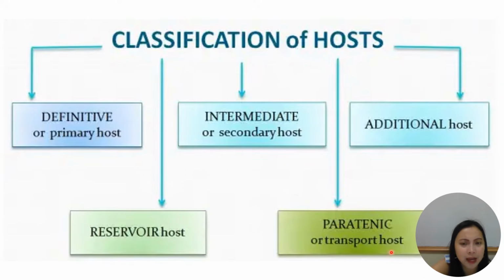Miss, what's your example for paratenic or transport host? A very good example of a paratenic or transport host class is Paragonimus metacercariae in raw wild boar meat that can pass through the intestinal wall of humans and complete its development.